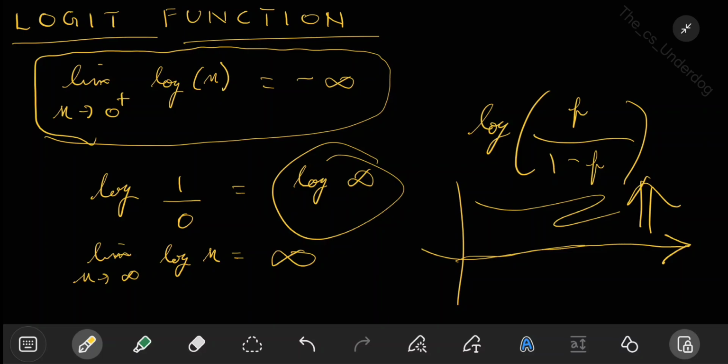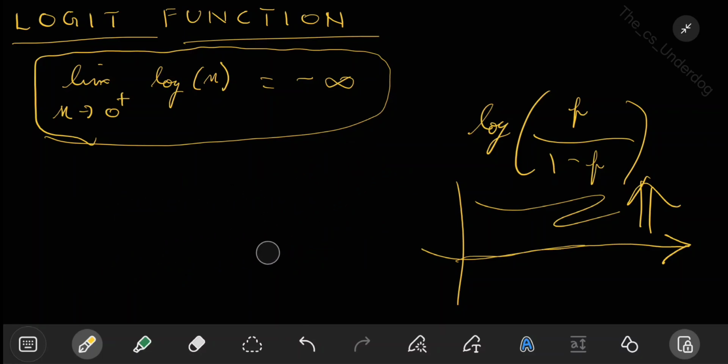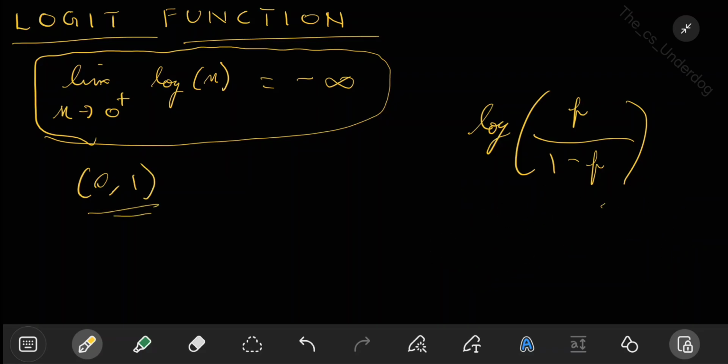I'm considering the natural logarithm here. If the base is less than 1, then the case is different. If the base is greater than 1, as in the natural logarithm where the base is e, then as x approaches infinity, the log x value will also go to infinity. So you can consider that as the value of p goes from 0 to 1, the value of log p by 1 minus p goes from minus infinity to infinity.